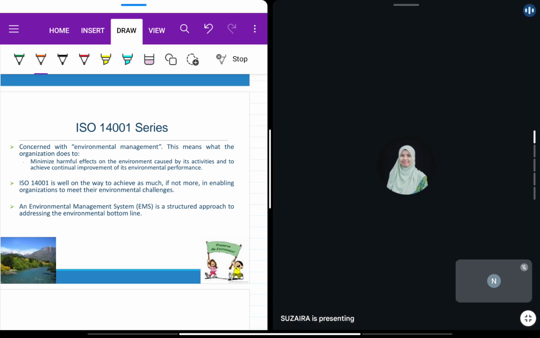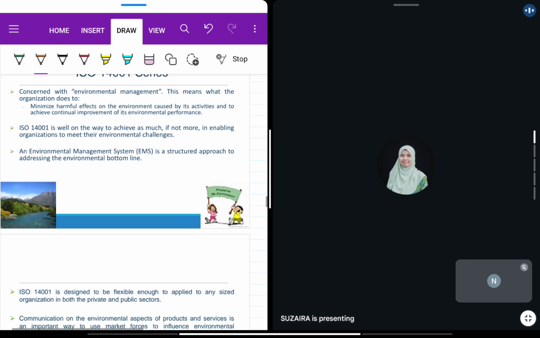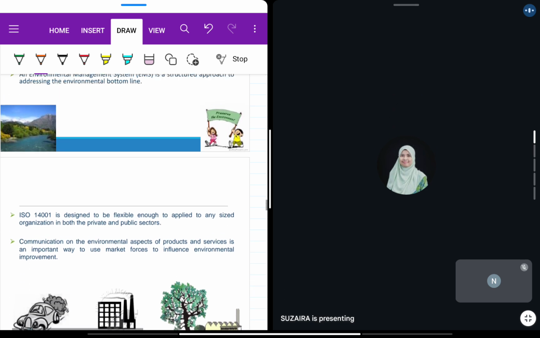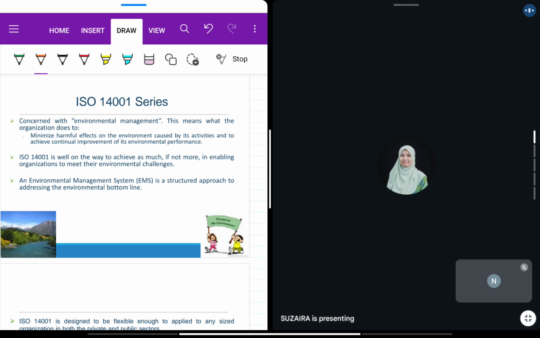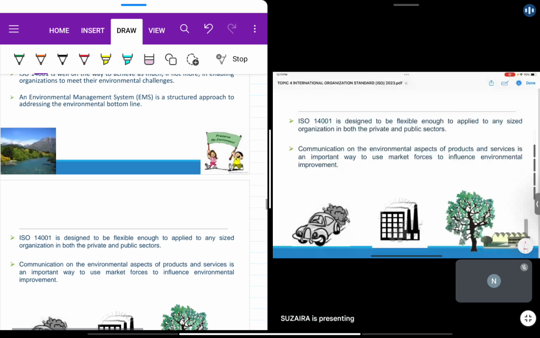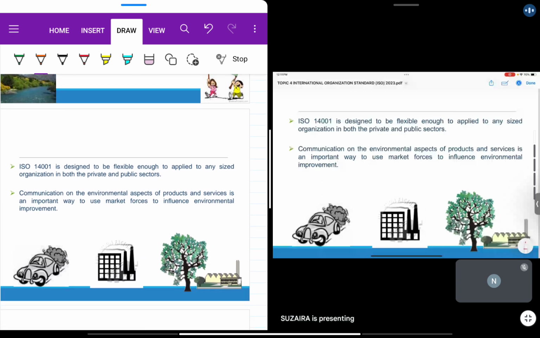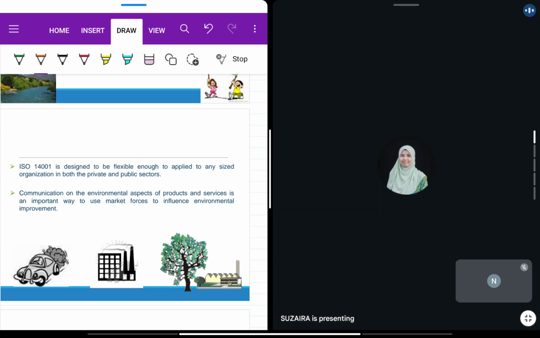Okay, so the benefit of ISO 14,000: when you apply for 14,000, it can improve the key environmental issues. It means you create awareness among customers that when you produce a product, you are taking care of your environment. You handle your waste, whether solid or liquid, really well.